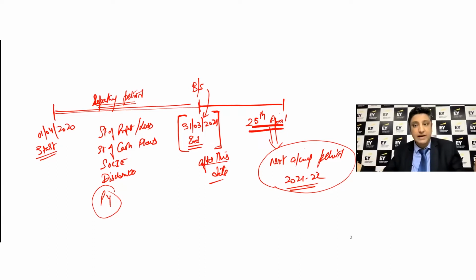If I'm looking at the full accounting year, after the period is over, it may not serve any purpose to the users because the event took place somewhere close to this date, and probably reporting or disclosing the information about this event in the financial statements for the year ended 31st of March 2021 could have served a better purpose. Okay, so that's the entire underlying thought process behind having this standard, which is Ind AS 10.